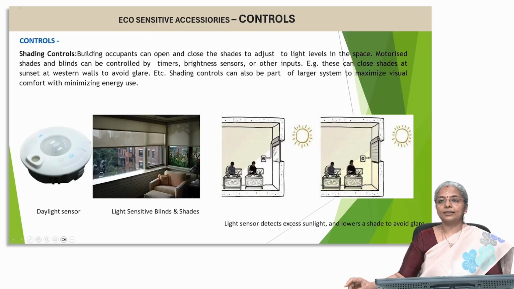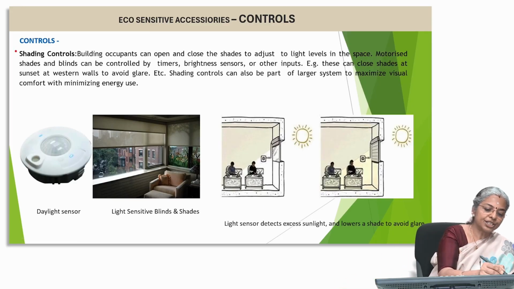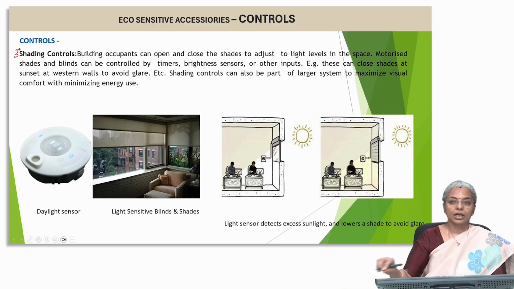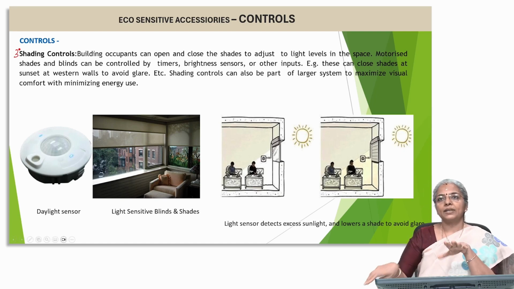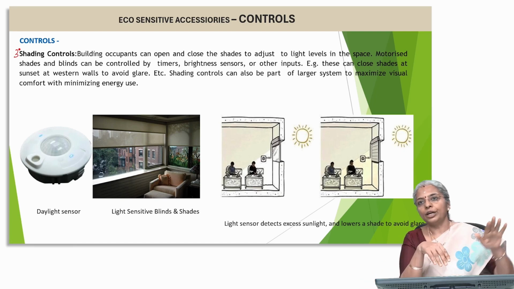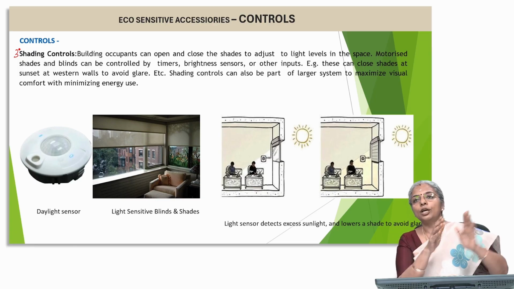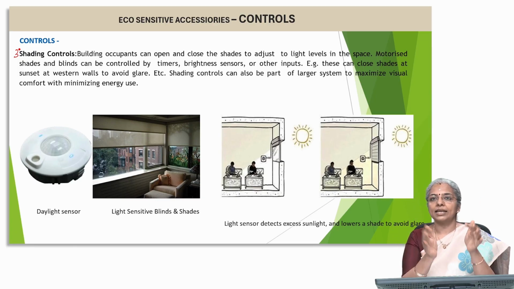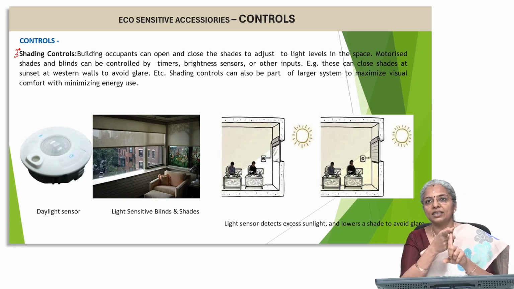Then the third type of control is the shading control. Now, building occupants can open and close the window shades or blinds to adjust to light levels in a space. Motorized shades and blinds can be controlled by timers, brightness sensors or some other inputs.